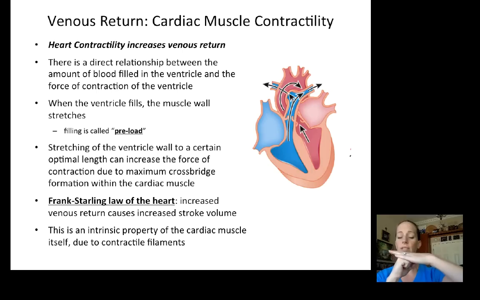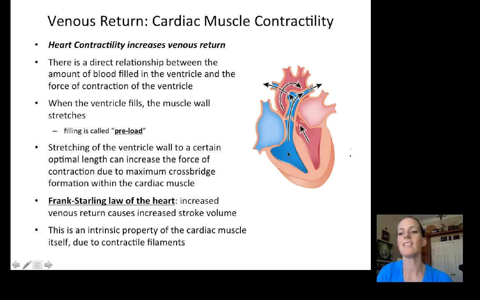The better overlap we get, the better contraction we get. So when we stretch the ventricle wall, we get a bigger stroke volume and a bigger contraction. If we let more stroke volume pumped out of the heart, then ultimately the whole system increases in volume and we'll get more venous return.